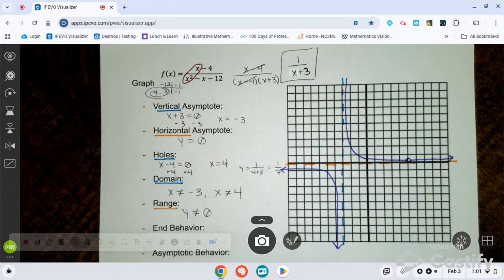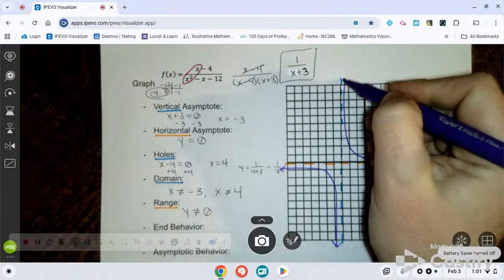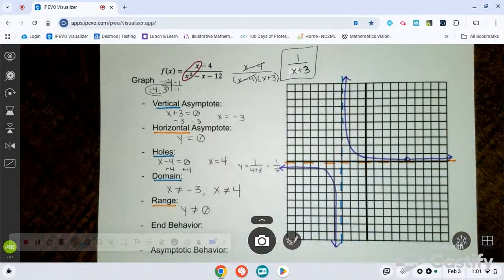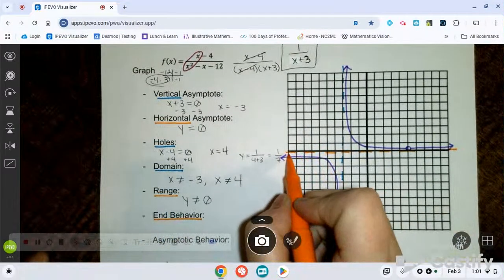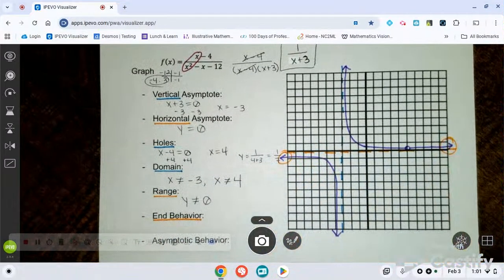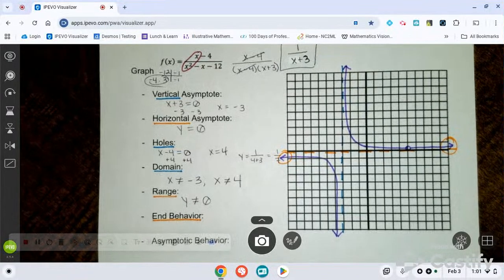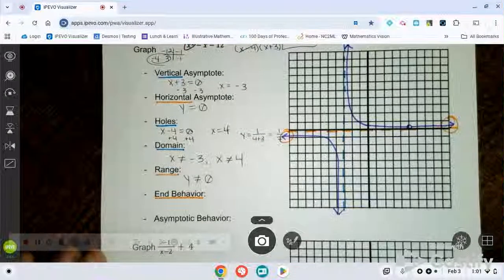So when we're looking at our end behavior, we are still going to be looking at the left and right arrows. So end behavior matches up with horizontal asymptotes. So I'm looking at those two things matching up with that horizontal asymptote.